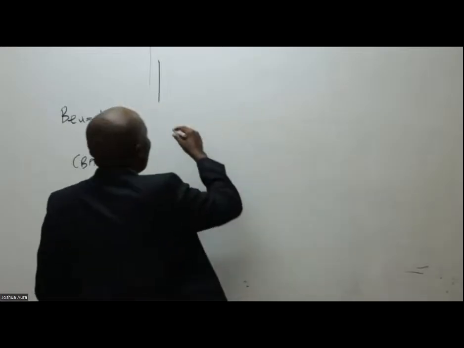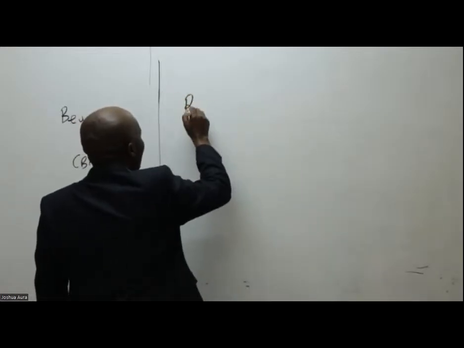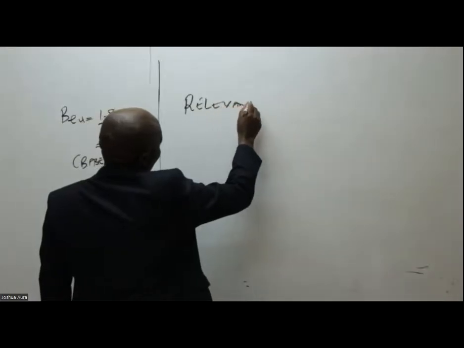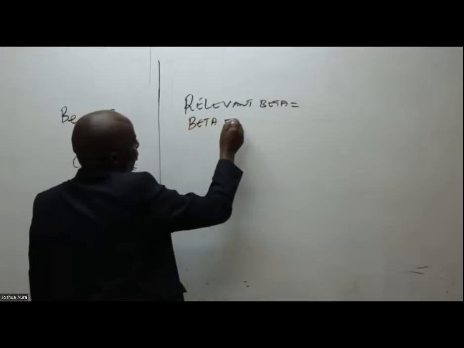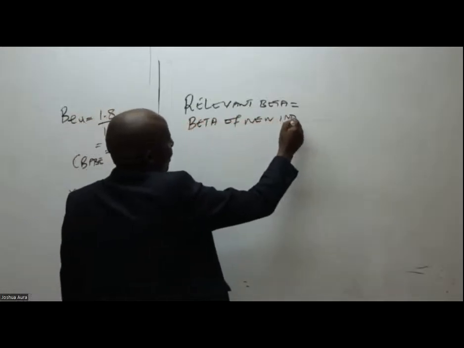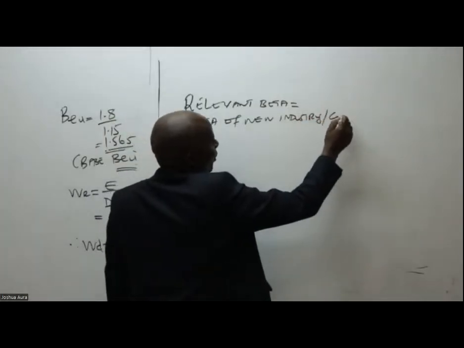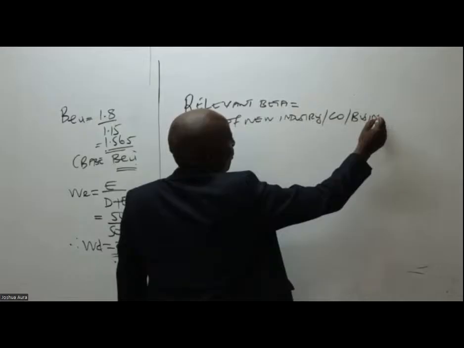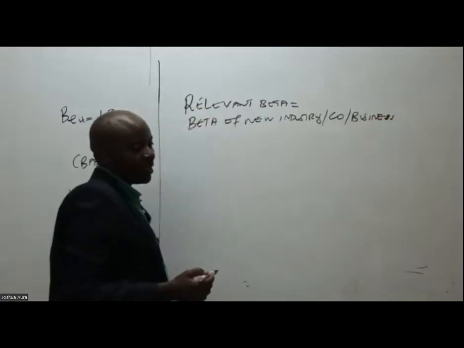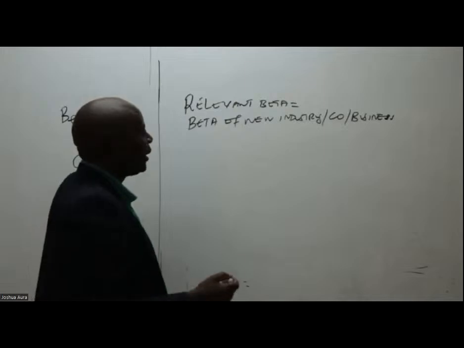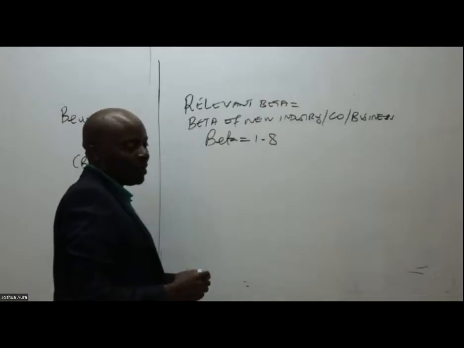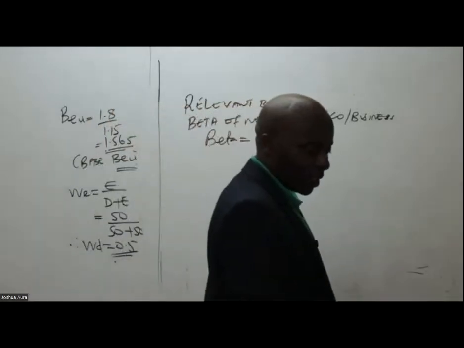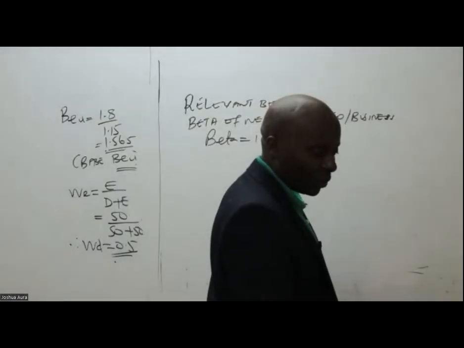The relevant beta is the beta of the new industry, new company, or new business. The beta that they have given me is 1.8, the beta of the new business.